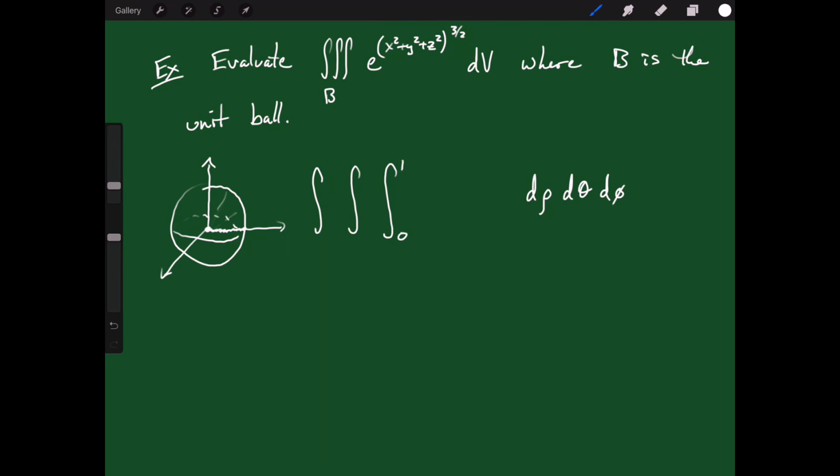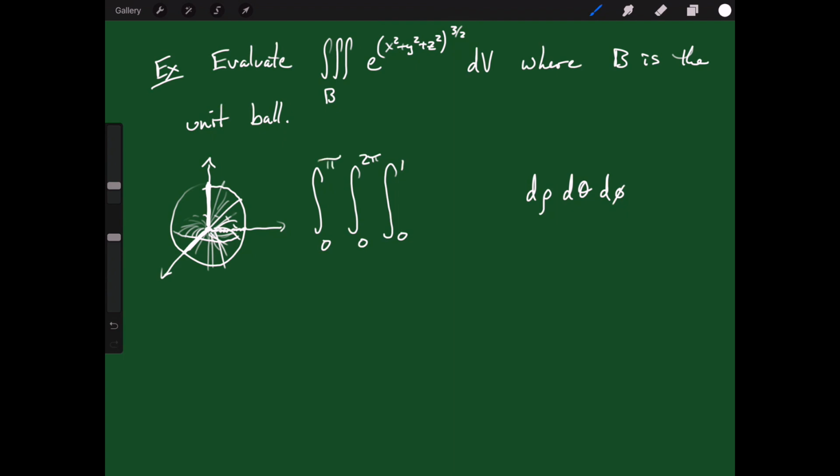What do the thetas range from? Well, this is theta equals 0, and it goes all the way through all of the angles until it gets back to 2 pi. So theta is ranging from 0 to 2 pi. And then phi starts at 0, which is up, and then it goes all the way until it gets to the bottom, which is from 0 to pi.